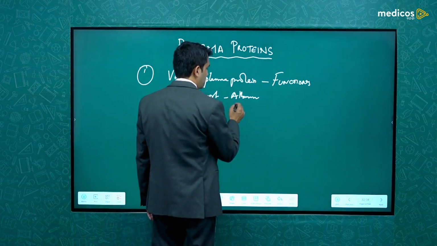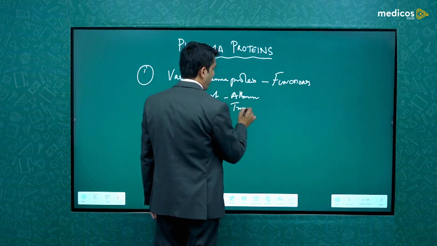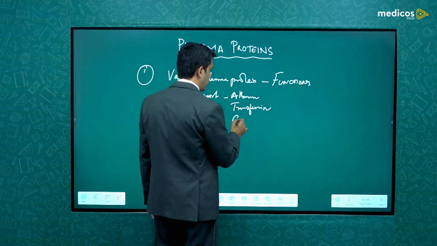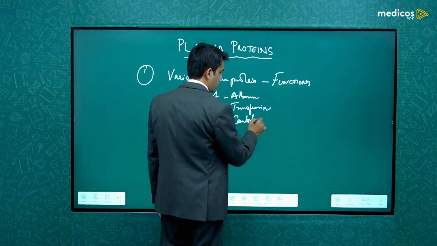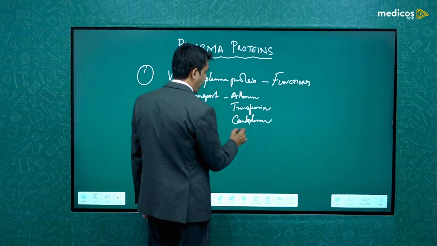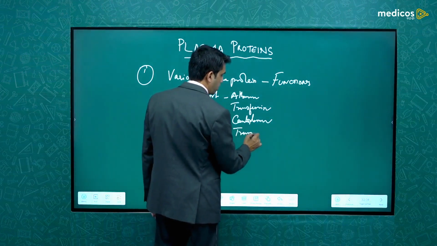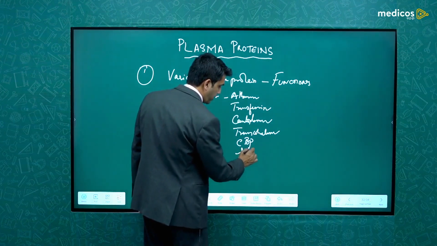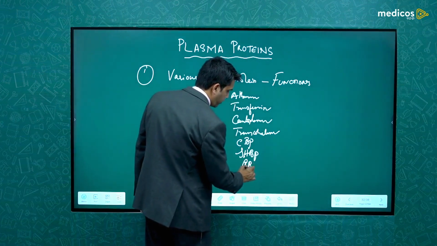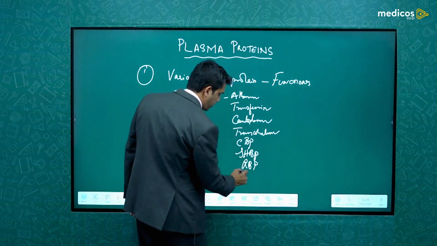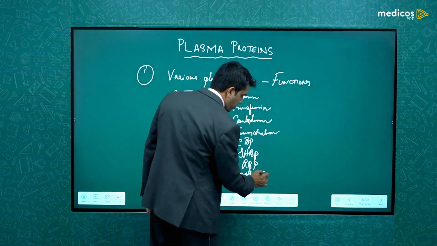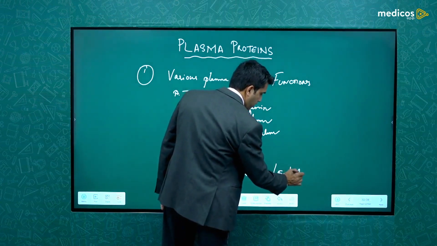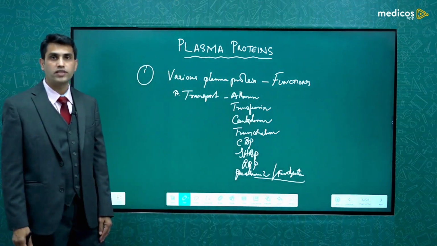Then transferrin, which transports iron, ceruloplasmin, transcobalamin, cortisol binding protein, sex hormone binding protein, retinol binding protein, prealbumin or transthyretin. So these are some of the various transport proteins.